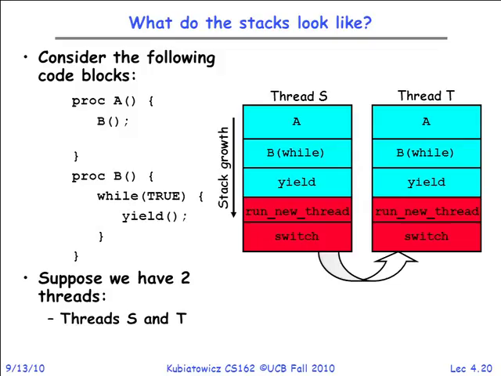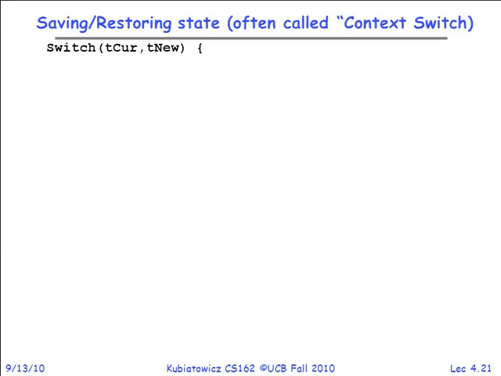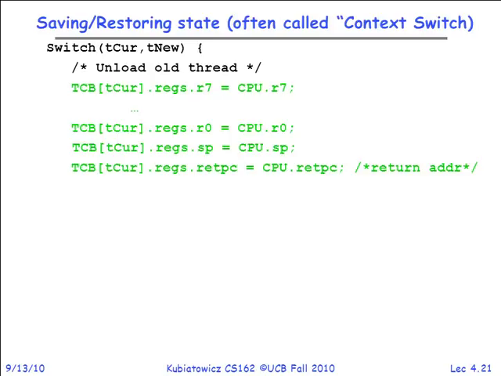So, what does this switch thing look like? Well, it's very simple. Take the old registers, that's what these are here, and store them in some memory state. Load from some memory state into the registers, and then do a return. What you don't see until I point it out is that the MIPS ISA has a special register called the RA register, or register 31, where the return address goes.